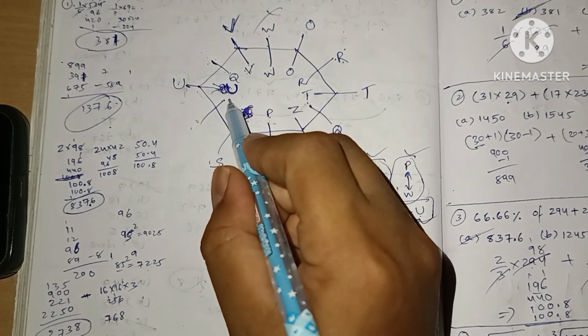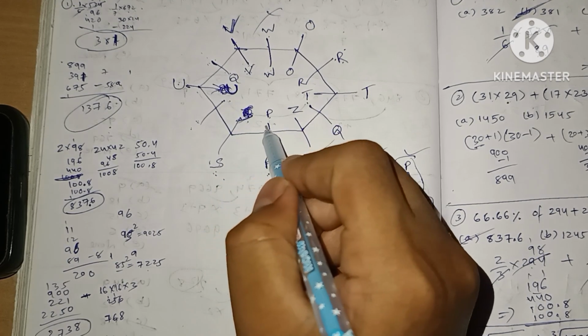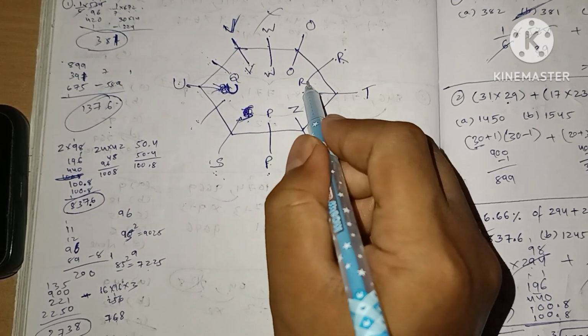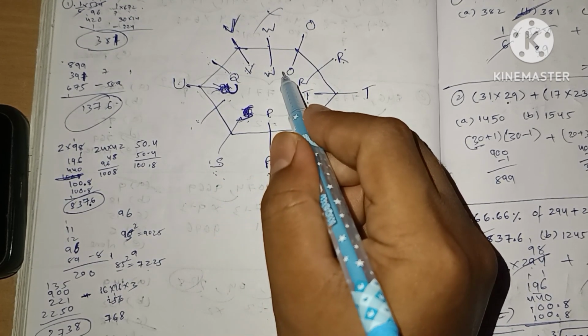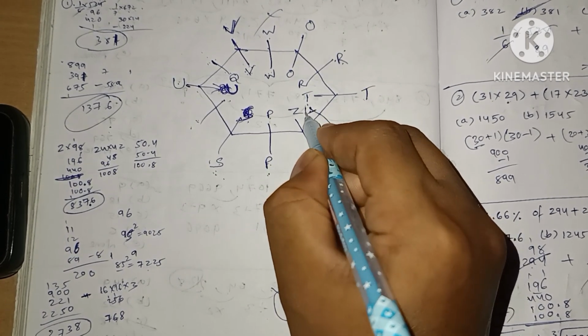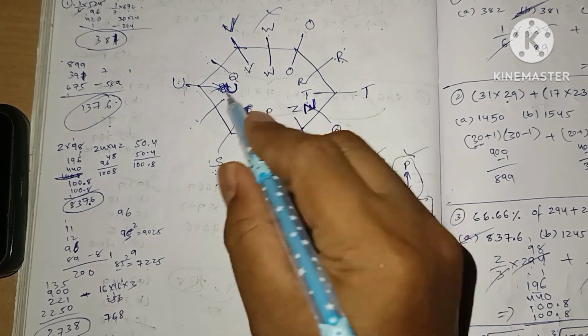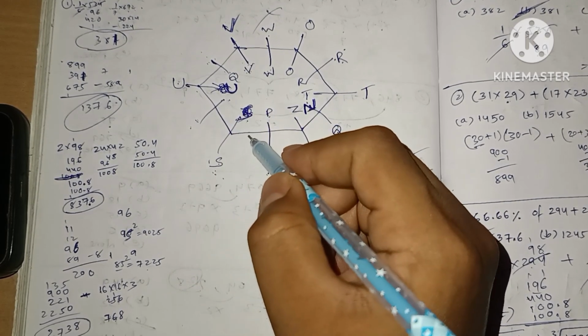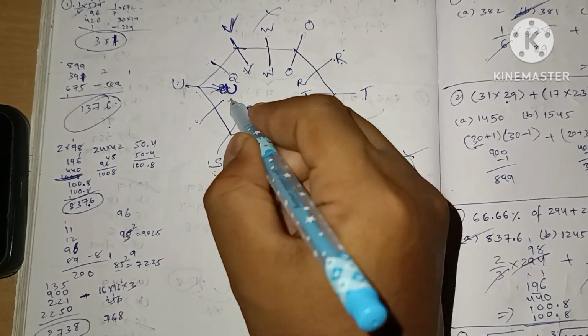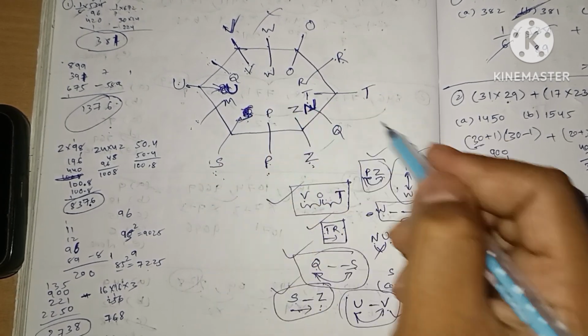N cannot be placed immediate to U, so there is no place for N here. If we see inside, here is a place for N. So this is the place for N, and what we are left with is only M. So the inside possibility we got is the right one.